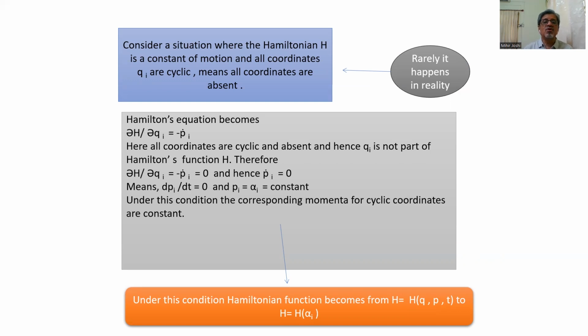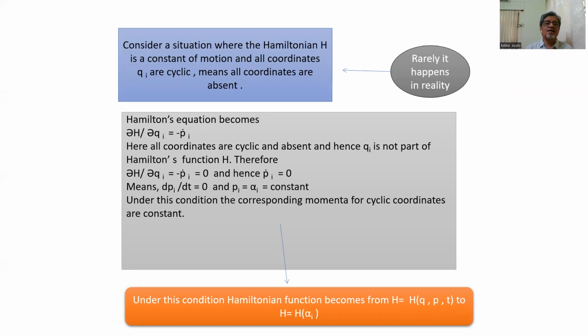So Hamilton's equation of motion becomes del H by del qi is equal to minus p dot i. Here all coordinates are cyclic and absent, and hence qi is not a part of Hamilton's function.